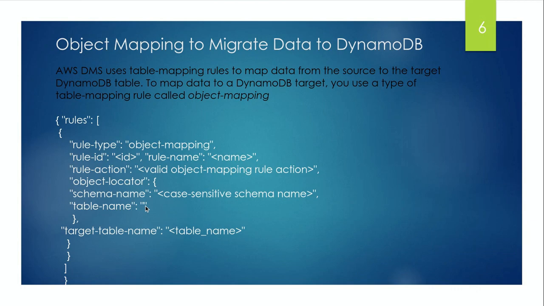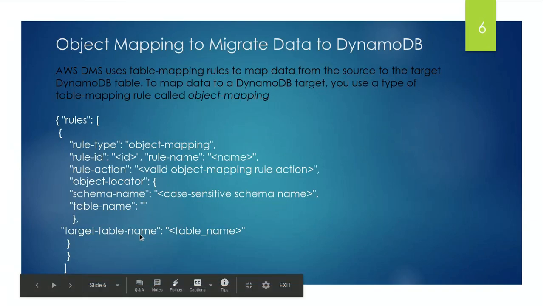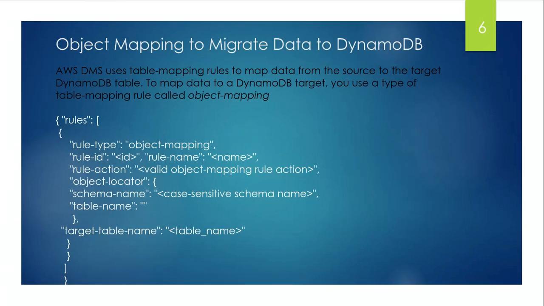It depends on whether you use a single table, or you can put all, or any kind of wildcard. We'll start with the single table or the double tables. And then the target table name, like in our case, our source table is school, and our target table is school_t.